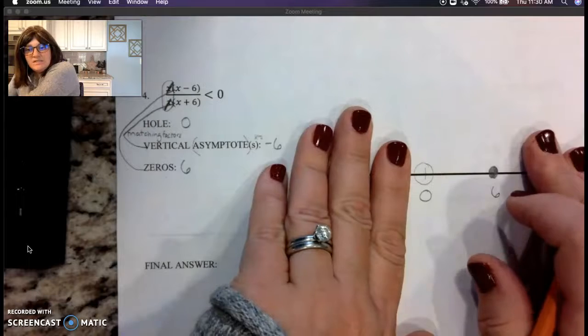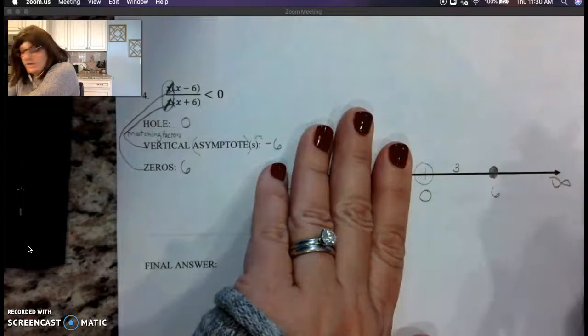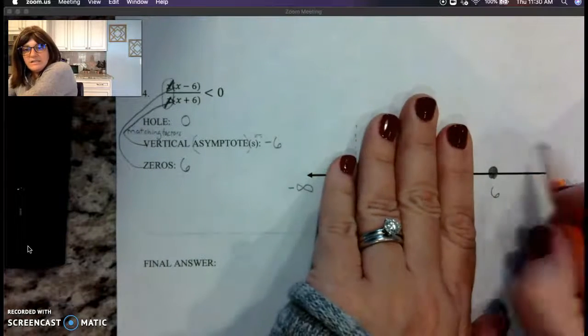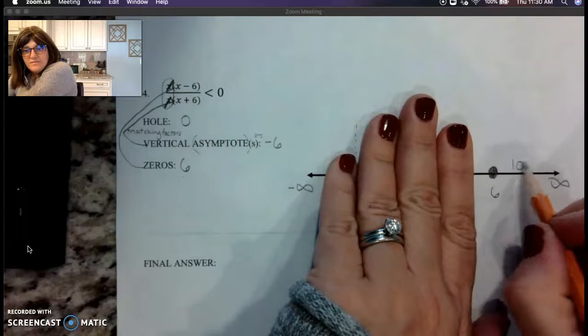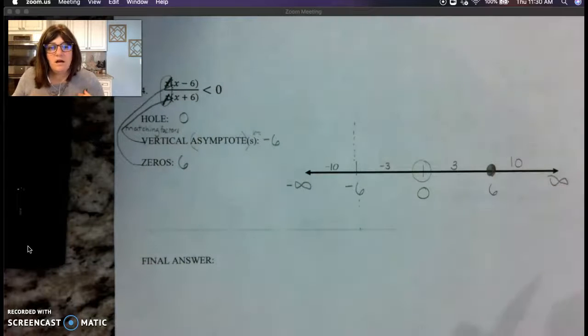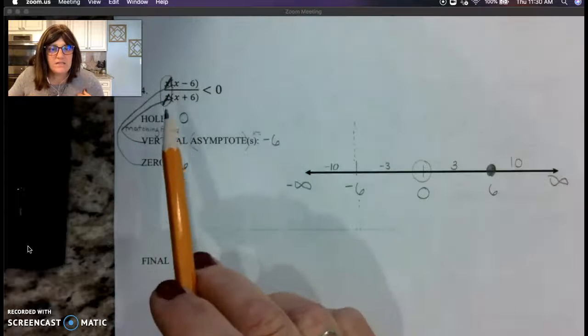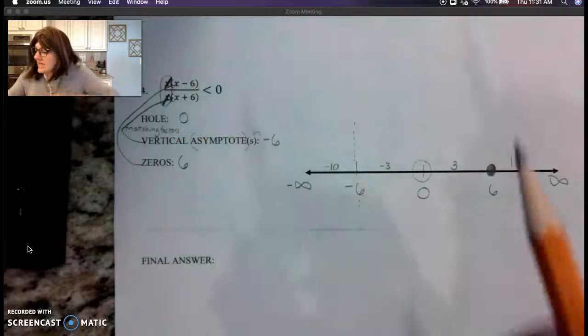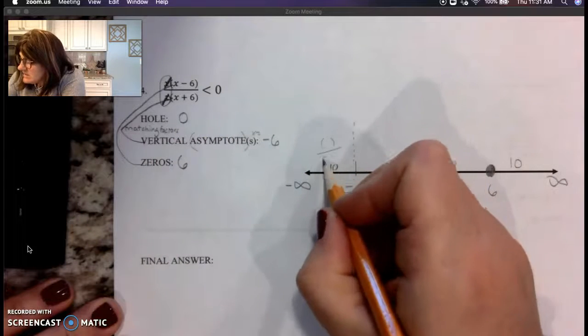Then between 0 and 6, I'm going to do +3. Between 6 and infinity, I'll do 10. The hole is gone, so there are only 2 places to plug in x, so I need 2 parentheses.